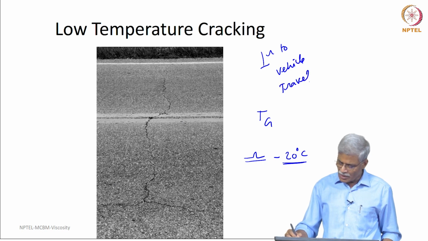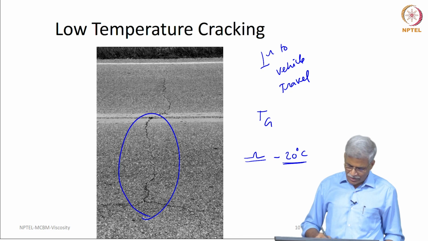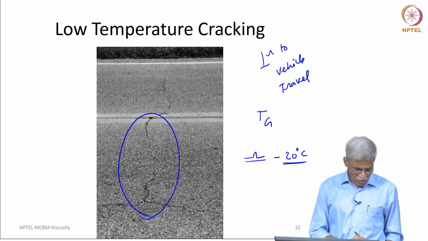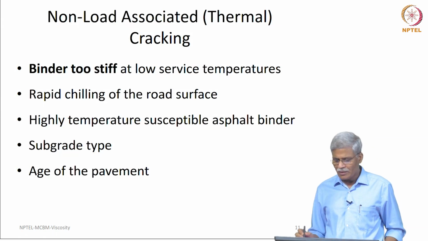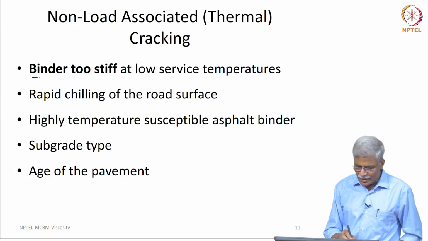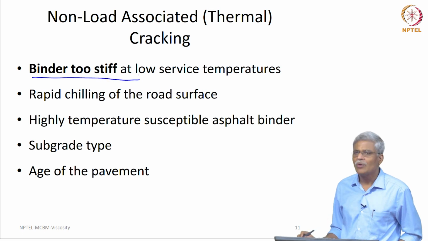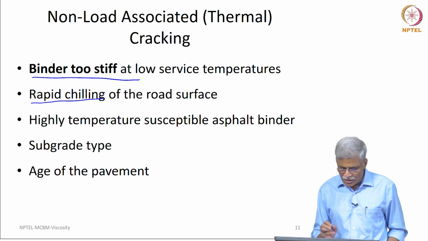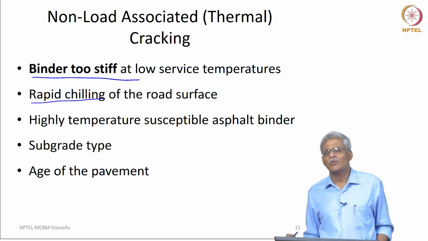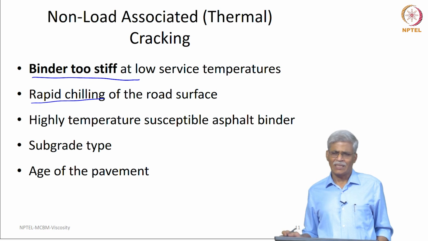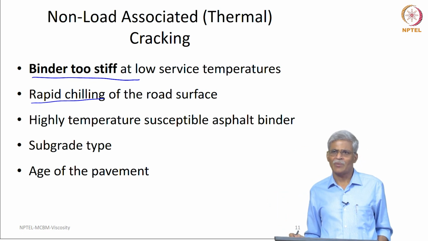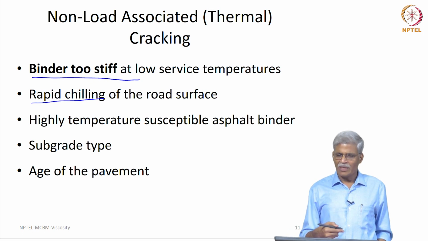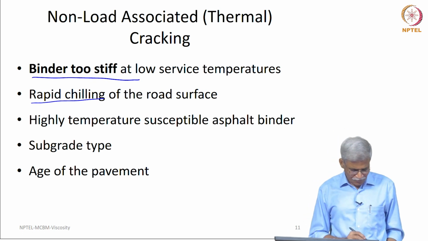You can actually see that the cracks developed in this specific direction. These are also called block cracking, and why this happens is the binder becomes extremely stiff at the low surface temperature, and this is also due to the rapid chilling of the road surface. As far as India is concerned, other than a few locations near the Himalayas, we are not really going to get low temperature cracking in the manner in which you have seen here.